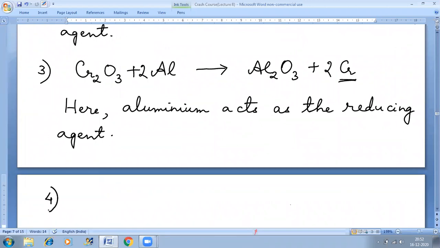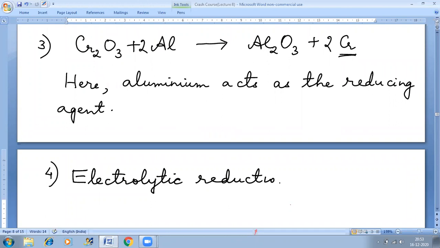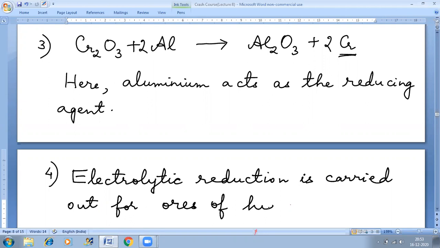Fourth one, electrolytic reduction is carried out for ores of highly reactive metals.